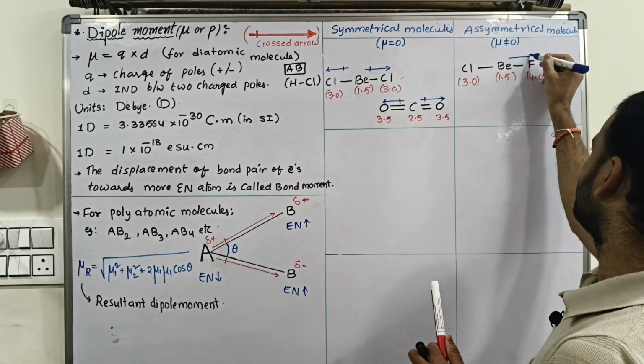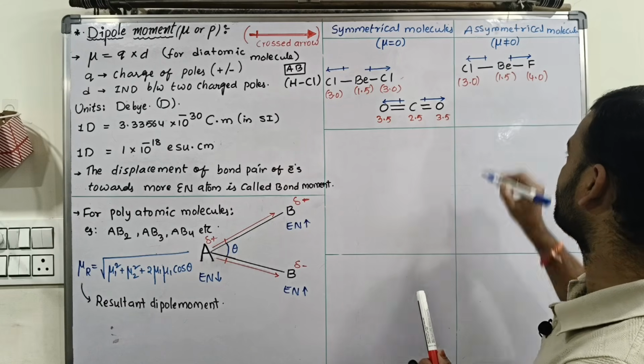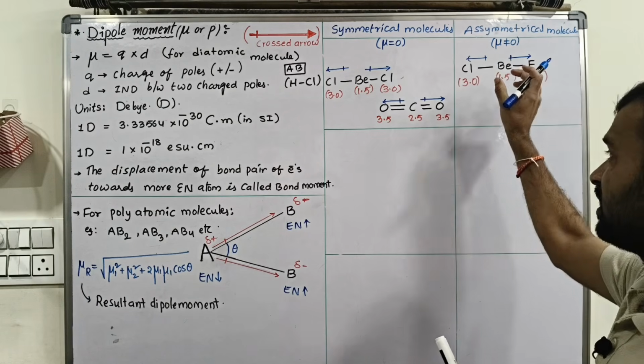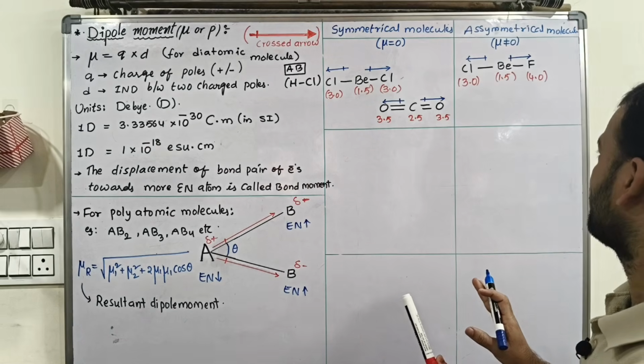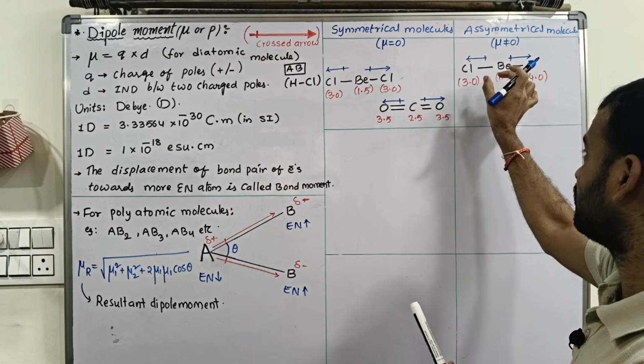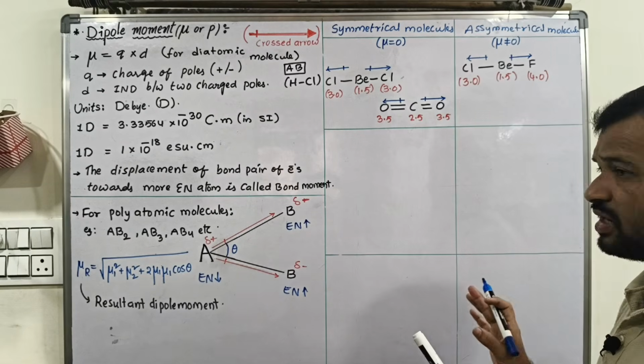Here the bond moment is towards fluorine, and here towards chlorine, so they are in opposite directions. But listen, the bond moments are not equal.